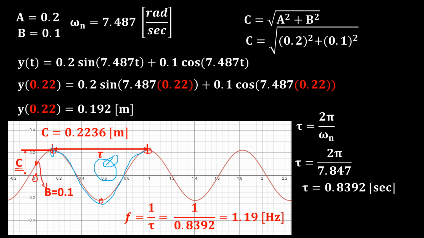So this tells us that it needs to complete 1.19 cycles in 1 second. What would you say if this system vibrates at a rate of 60 or 50, completing this cycle 50 times in 1 second, or 60 times in 1 second? What would that tell you about the system that we're dealing with?